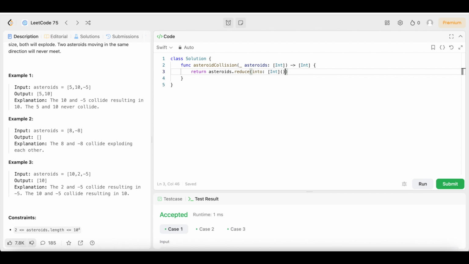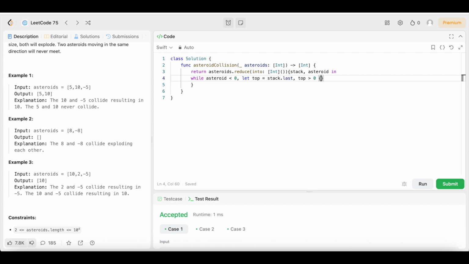Then we're going to open up our brackets, and we're going to say stack comma asteroid, no S on this asteroid, and then we're going to come down here and we're going to say while asteroid is less than 0, let top equal stack dot last, comma, top is greater than 0.